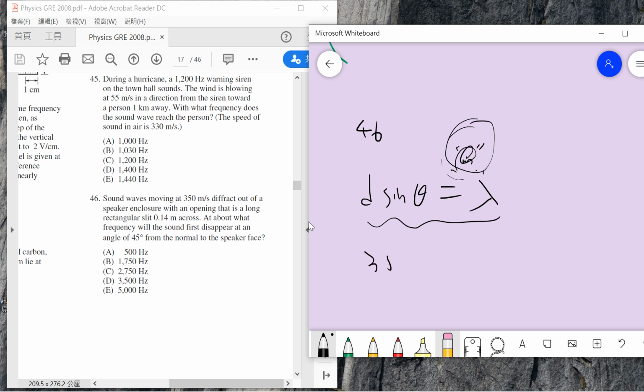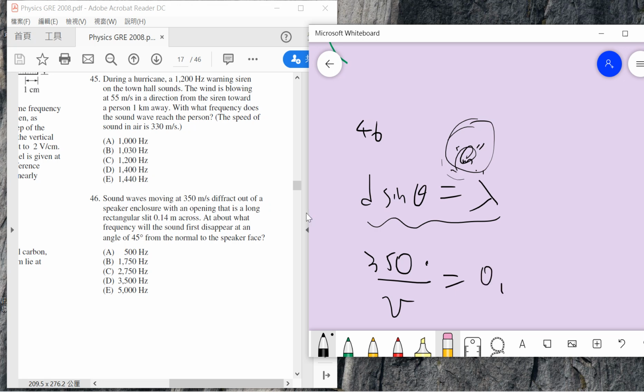It has 350, which is the speed, right? The lambda, and we are asking about the frequency. So frequency equals v over lambda, where lambda is d sin theta.